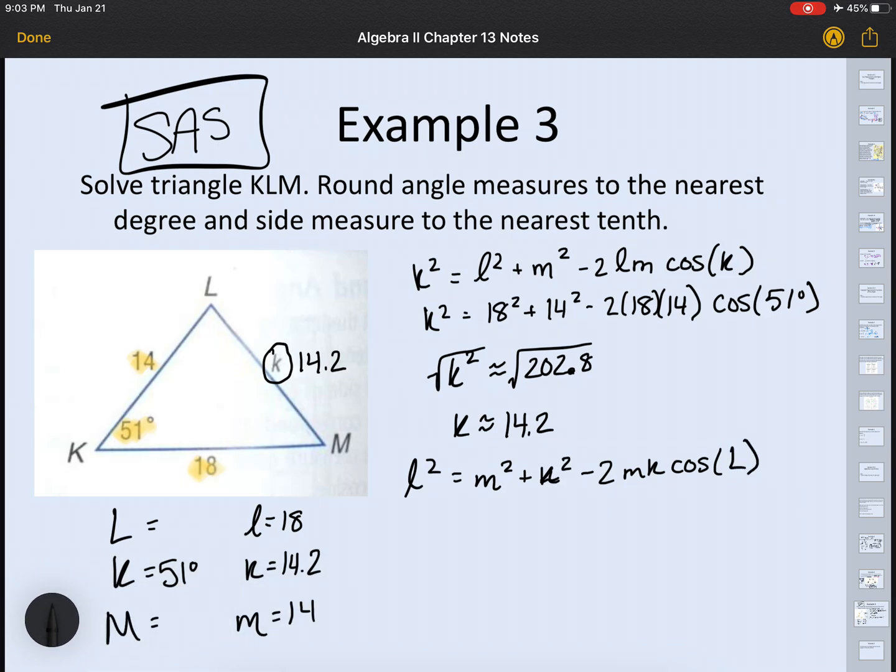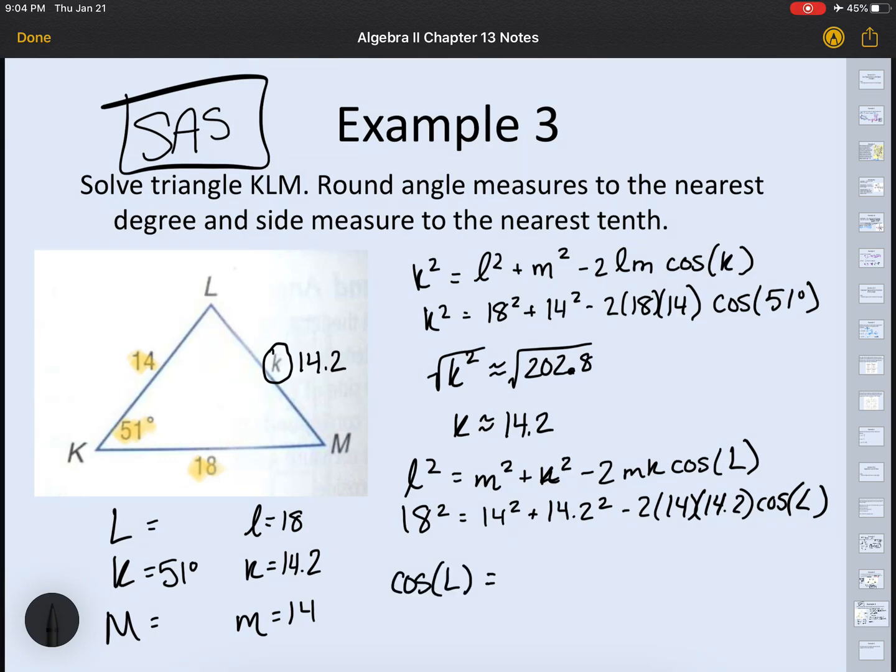Alright, so now we know that side length little l is 18, side length little m is 14, and little k is now 14.2. So we'll fill that in. And we're trying to figure out the angle of L. So we're going to do like we did before, where we got the cosine of big L, and it's going to equal 18 squared, and we're moving over the 14 squared and the 14.2 squared.